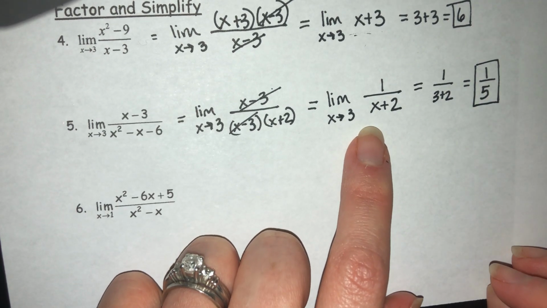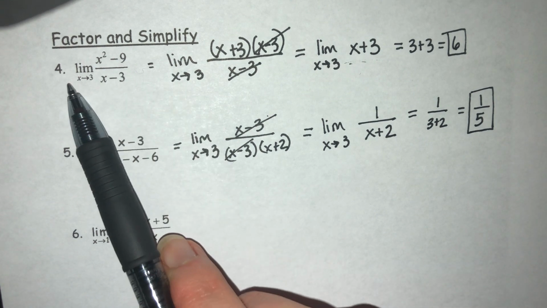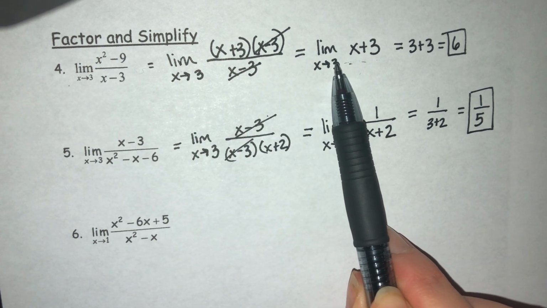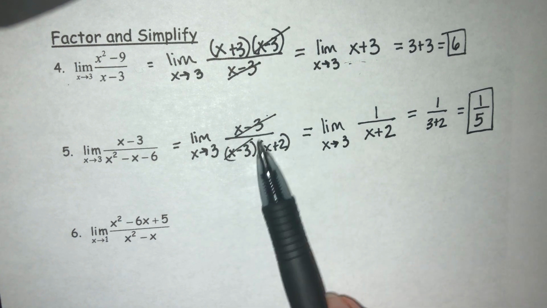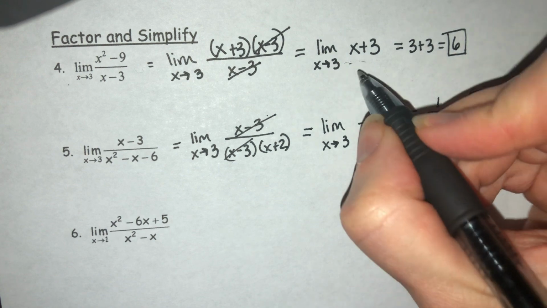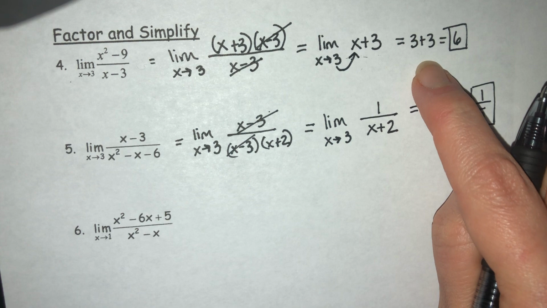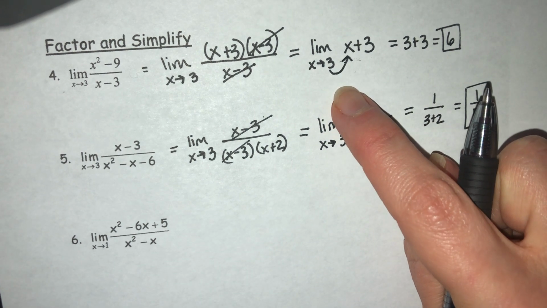Okay, one thing I want to show you about the work that I'm doing. In calculus, you're going to need to show your work for credit. Notice each statement has the limit written in front of the function until I do the direct substitution step. Once I substitute this 3 in for the x, I no longer have to write the limit as x is approaching 3 because guess what?